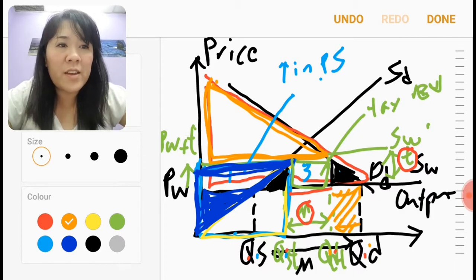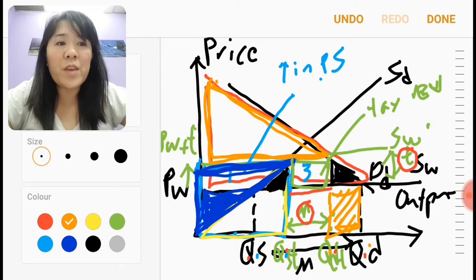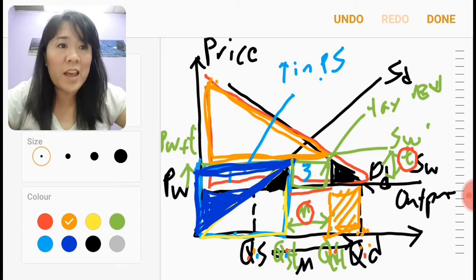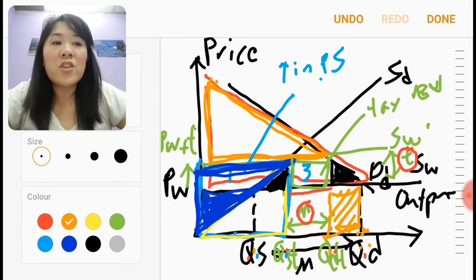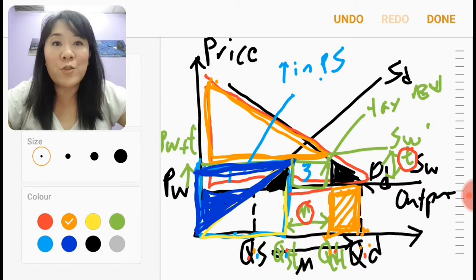Because this shaded area would have been what society would have to incur for importing QD QDT previously, as they were part of the imports of QS QD prior to the imposition of the tariff. Now that there is a fall in consumption of the good following the tariff, this orange shaded area is what society is able to save without having to import these goods anymore.